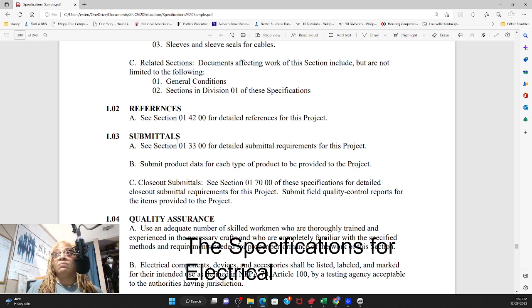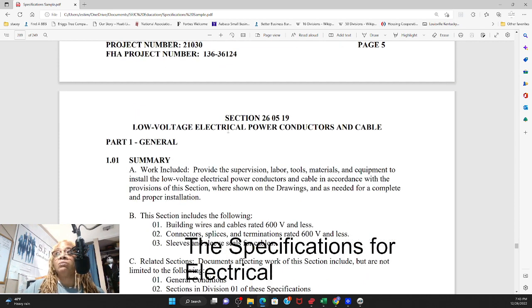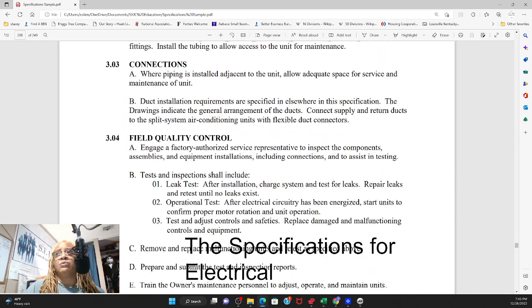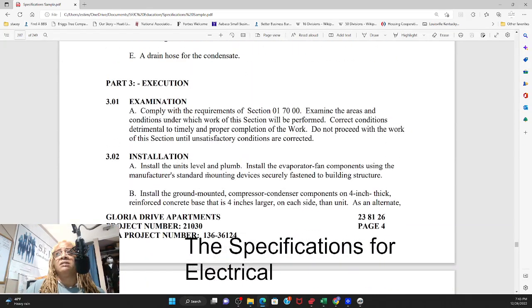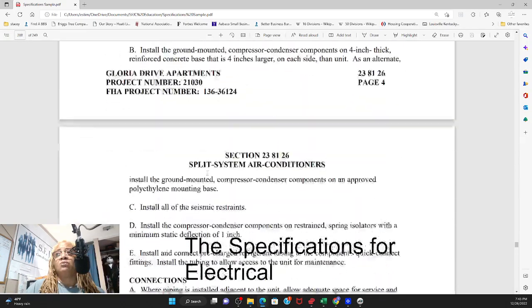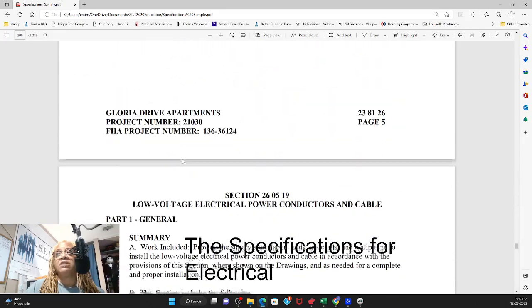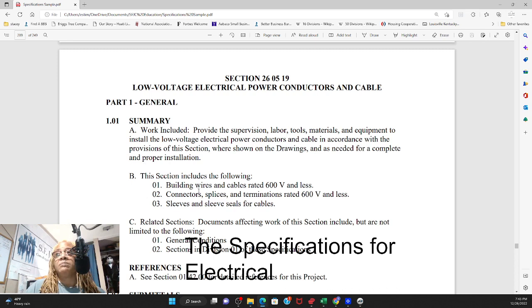So that's what you have to do. You look at the specifications first, and this is only the specs related to the low voltage electrical. We're not talking about the high voltage, right? We're not talking about any of that. So that's why it's very important. Look at your specifications, read them step by step.